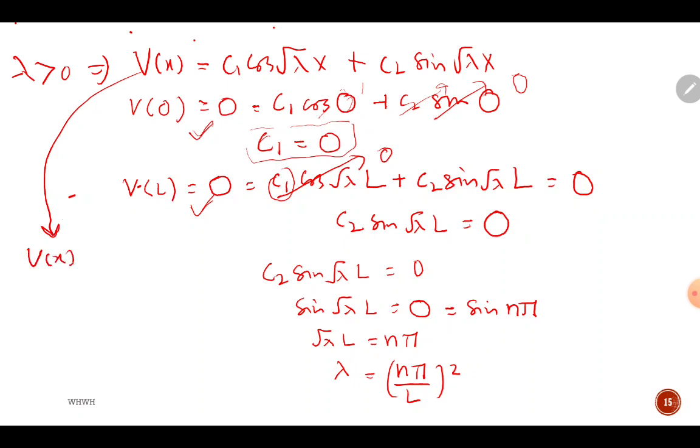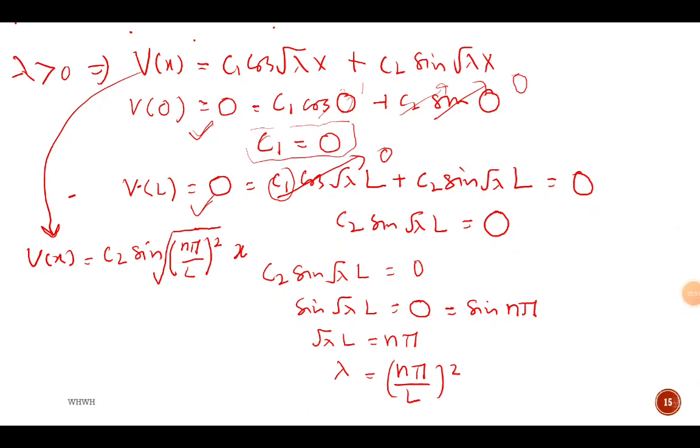So we have Vx equals to C2 sin square root of lambda. Square root of lambda ni sekarang kita akan gantikan dengan n pi over L root square, okay, x. Okay, so that is our Vx.